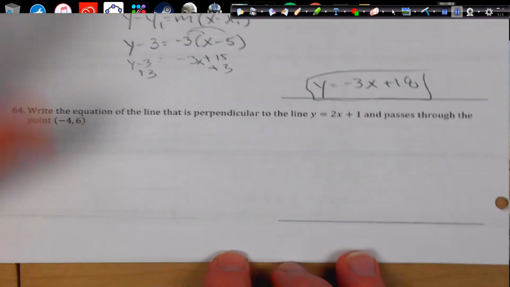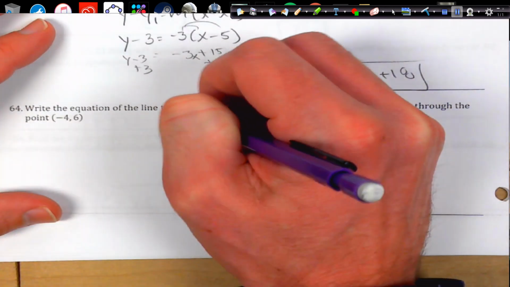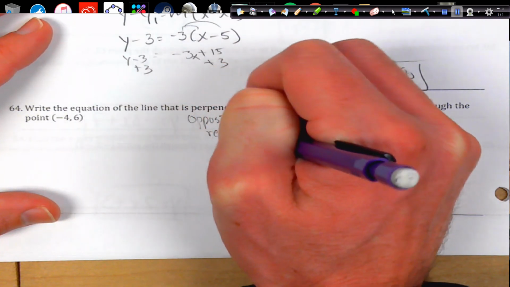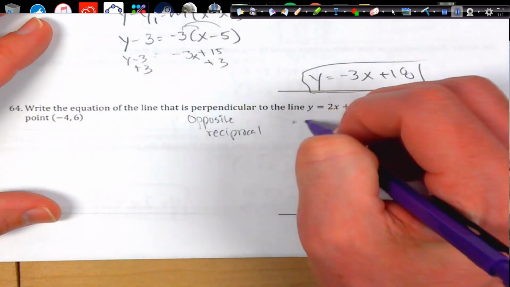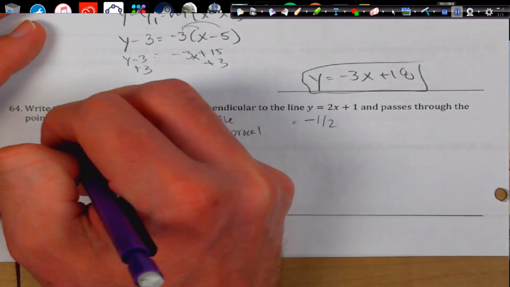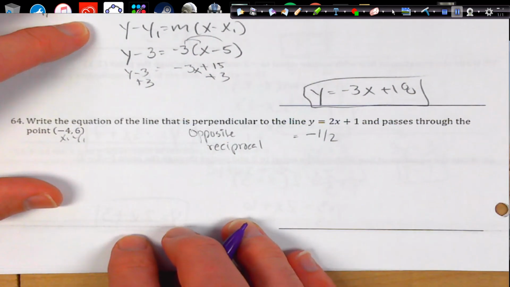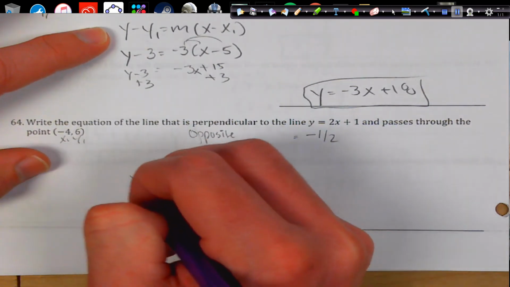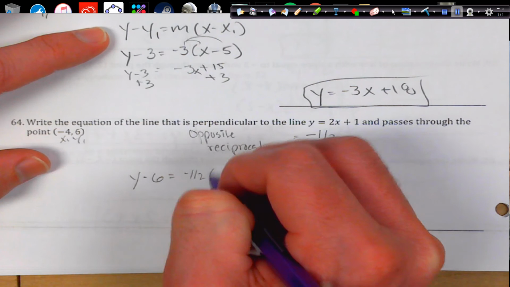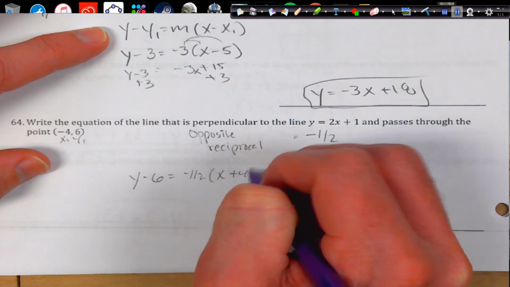Write the equation of a line that's perpendicular. Perpendicular is going to have an opposite reciprocal. So it's going to have negative 1/2 slope that we're going to use, and passes through this point. Now I have the equation written right here, so I'm just going to plug into that. Y minus 6 equals negative 1/2 times x plus 4.